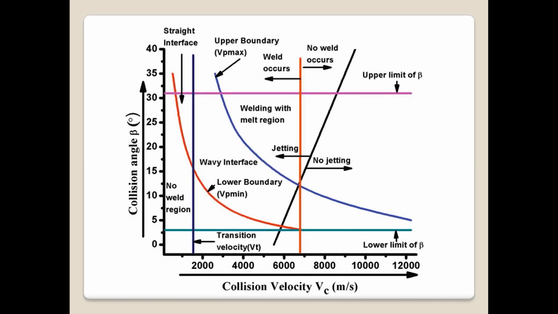Also, we need to respect certain limits regarding the angle of inclination between the two metal plates, and also some other properties of the materials which are being welded. So here in the middle, where it says wavy interface, it is the best area regarding the parameters to do the explosion welding. Also, explosion welding can be done in the area where it says straight interface, but the connection or bonding is better with the wavy interface between the two metal plates.